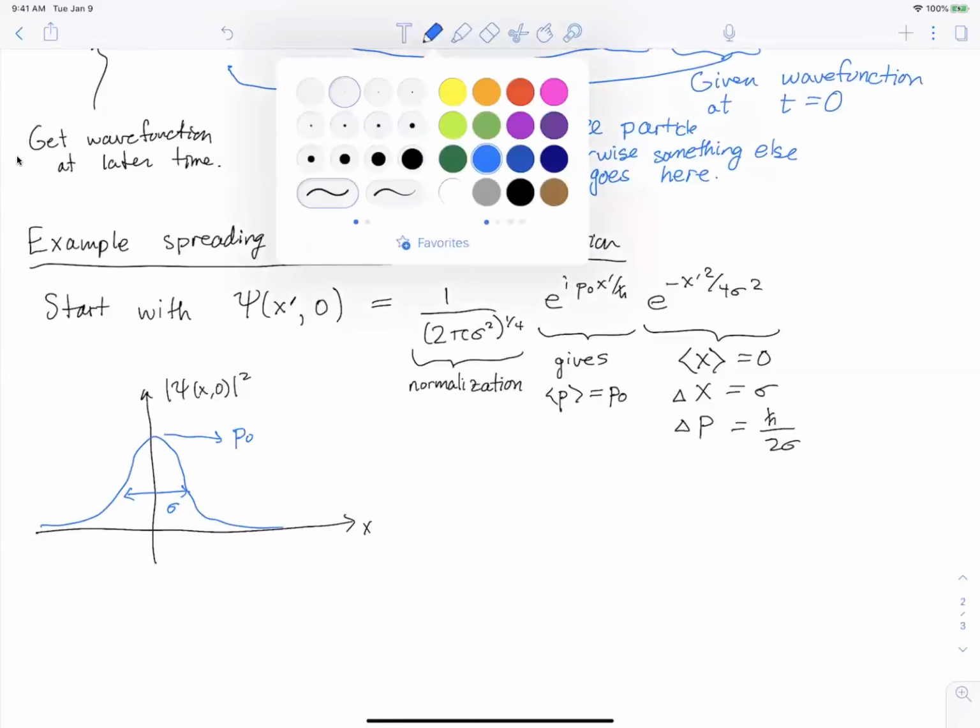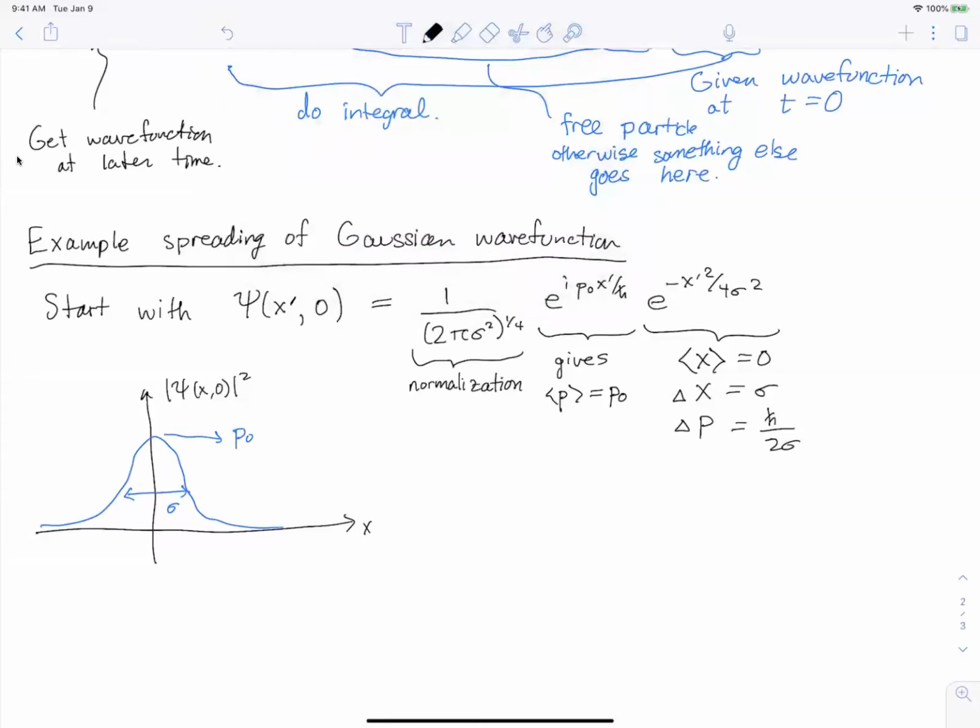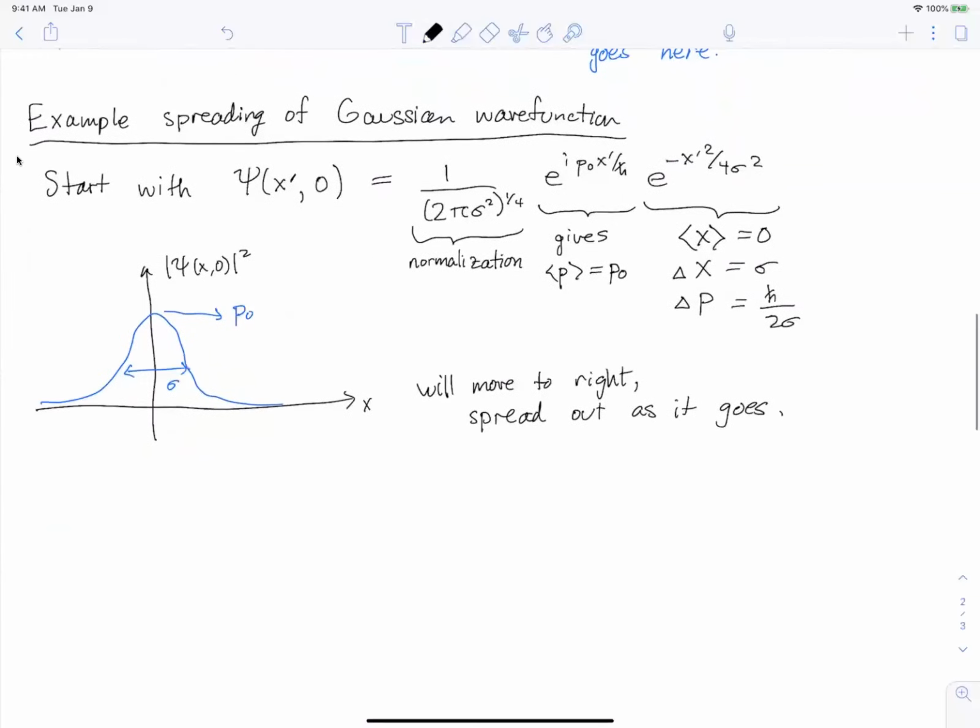So our expectation, which we will try to work out from the formulas, is that this will move to the right. And it will also spread out as it goes. Okay, so let's see how that happens.